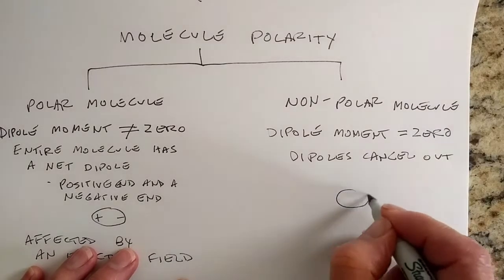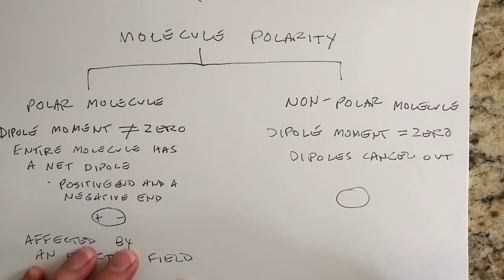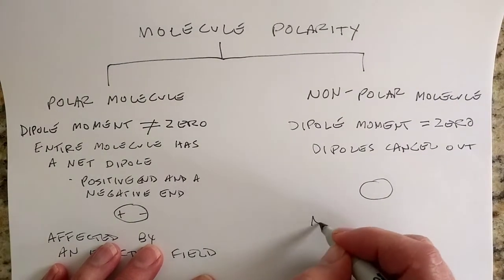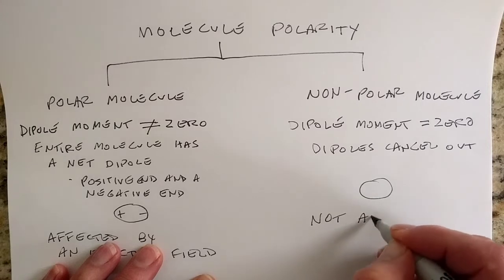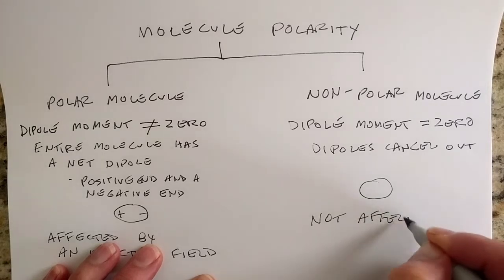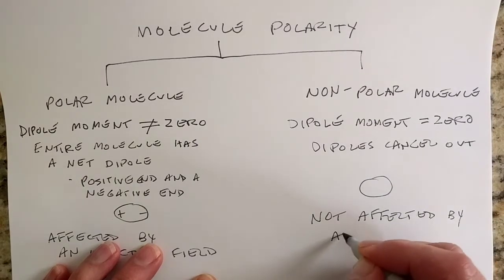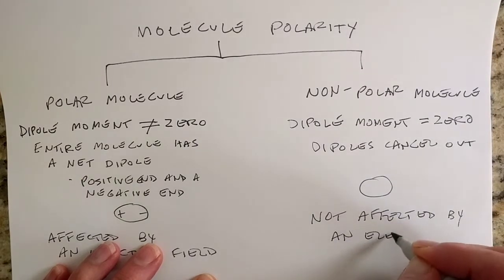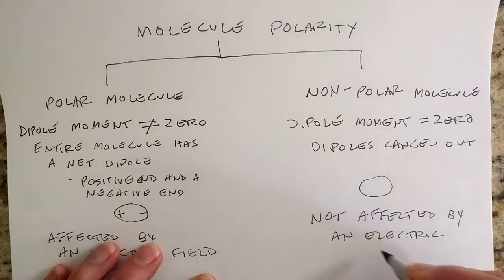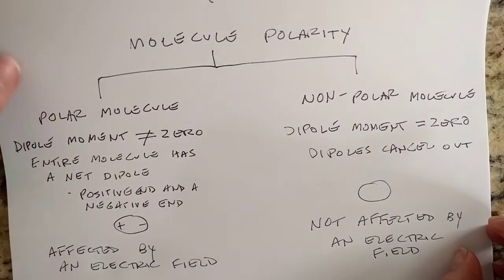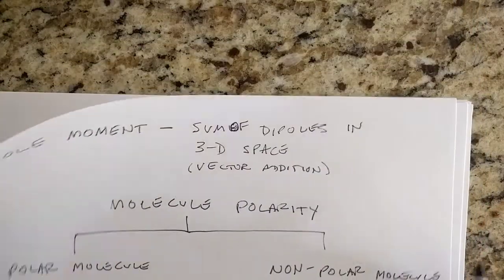And so our molecule is just there. Our charge is evenly distributed, and our nonpolar molecules are not affected by an electric field. Okay, so let's do a little drawing to kind of illustrate what we mean by that.